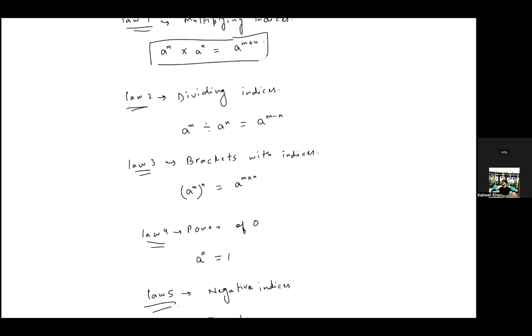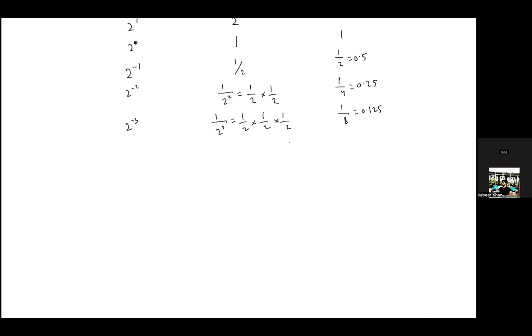Let's do some examples here. Say we have to simplify the first question, 4a cubed times 7a squared. If you need to simplify, you can write this in expanded form: 4 times a times a times a times 7 times a times a.